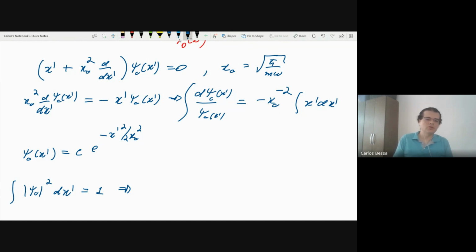So the only thing we need to do here is this integration. So we will find that c will be something like the square root of 2 pi times 1 over 4 x 0. Okay, this integral you can find in tables.